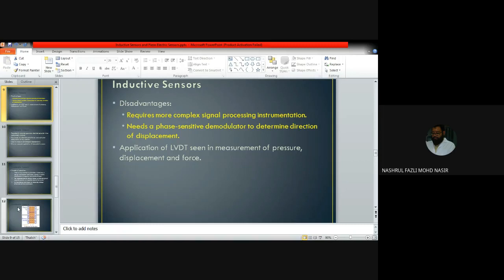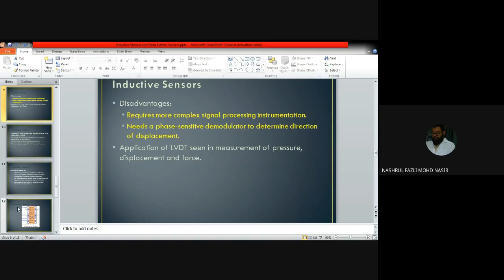What are the advantages and also disadvantages of the sensors that we're going to use? When I talk about the price, if the equipment just uses a strain gauge, maybe it is not that expensive. The reason is that this LVDT requires more complex signal processing instrumentation.